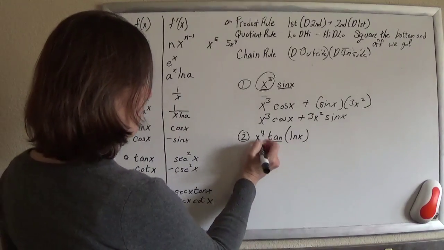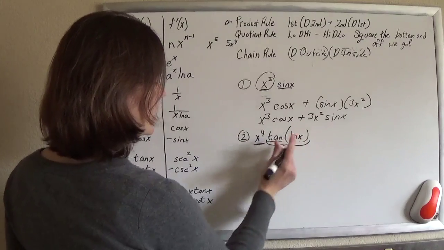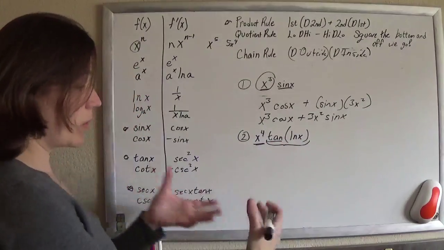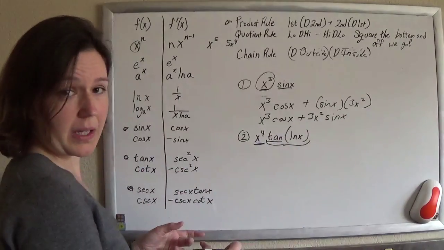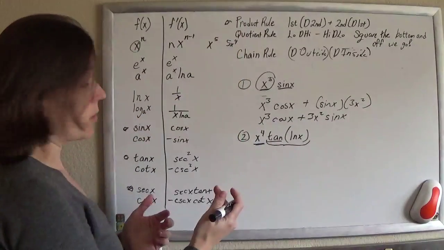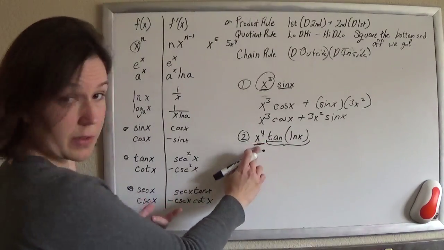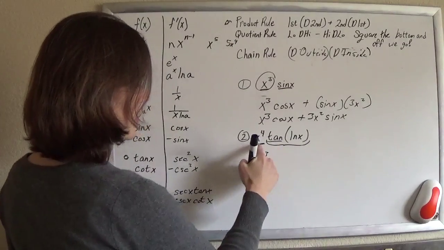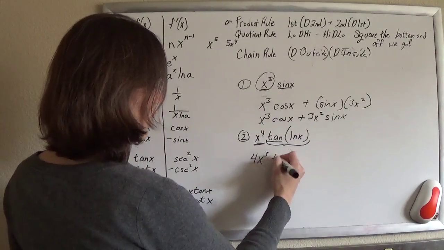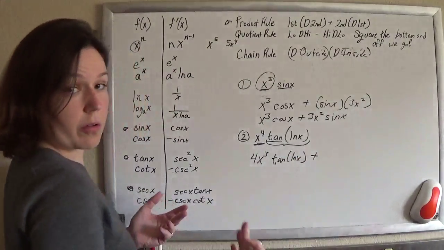So here again we have a product. We have x to the fourth times the tangent of ln of x. So that's what's going on at the outset. I see two things multiplied together, so I want to use my product rule. Maybe I'll do a different order this time. Maybe I'll take the derivative of this first guy first. So 4x cubed, take the derivative of one of them, leave the other guy alone, don't touch it, and then plus, reverse.